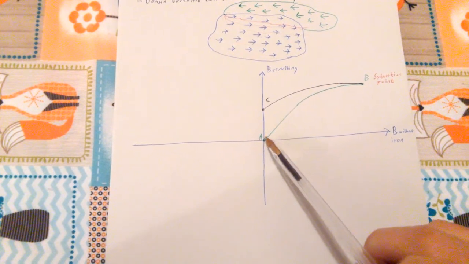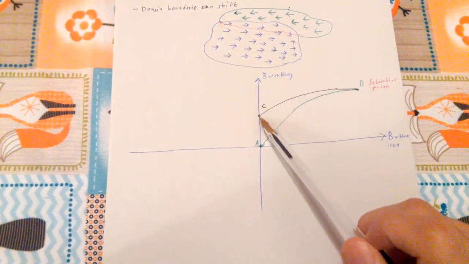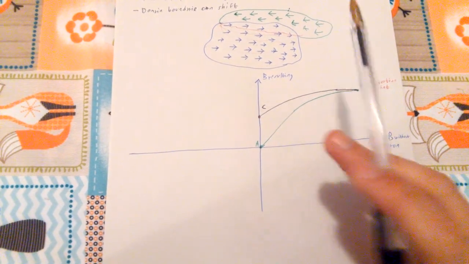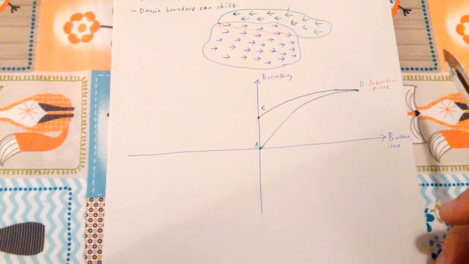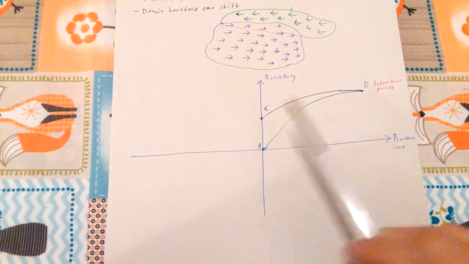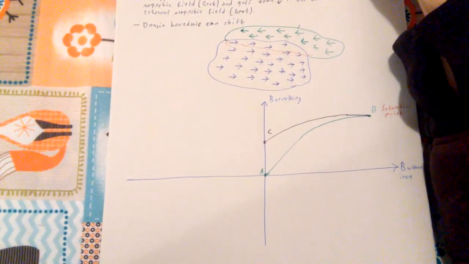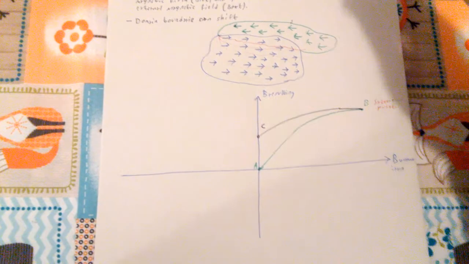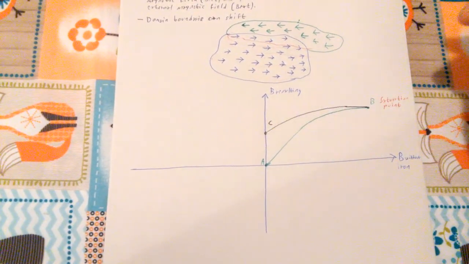So I'm not gonna go back to my original point A, because this one still has a bit of magnetization left. So it's still magnetized. Now, what can I do to bring it back and avoid having it magnetized?